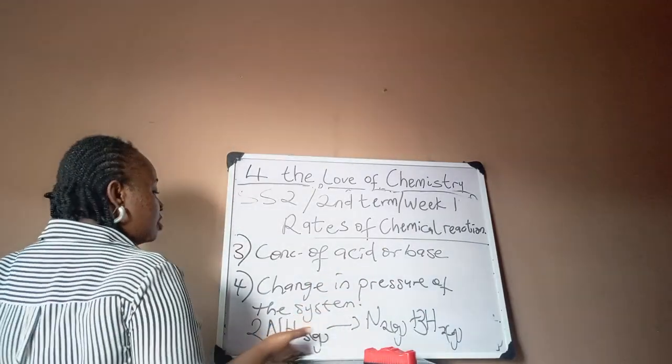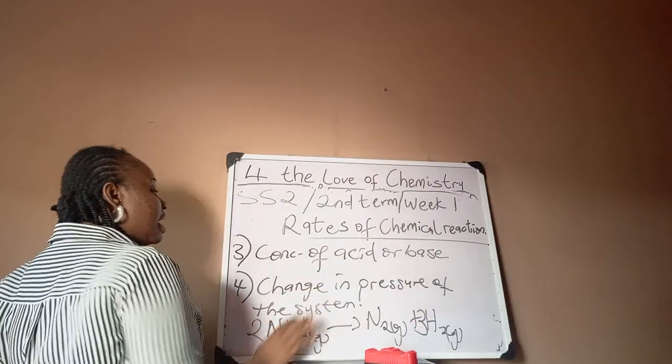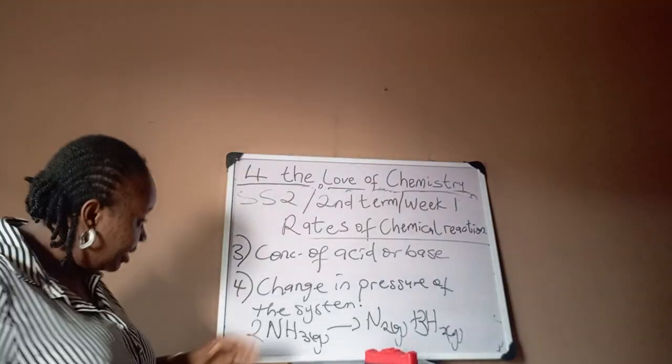So the pressure on this side reduces to give more pressure on this side. We can use the change in the pressure to determine how the rate of the reaction is going. All right, that's another way.